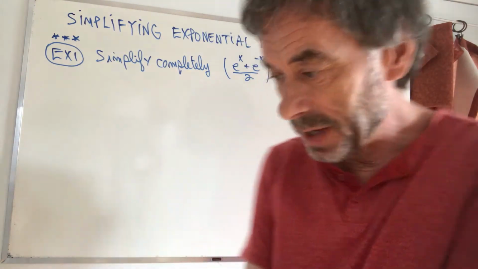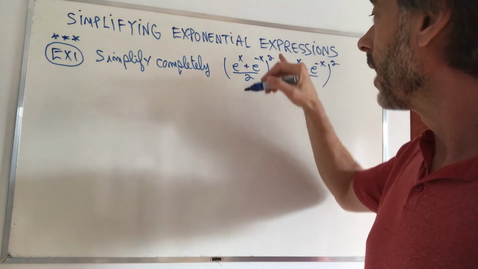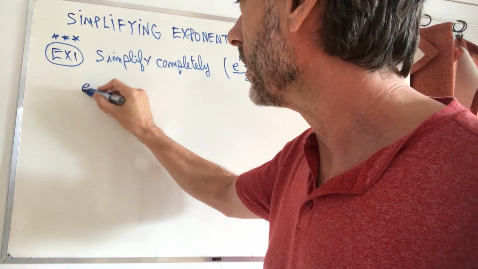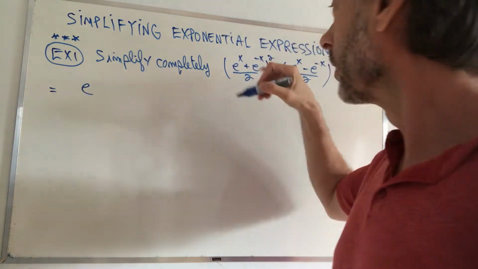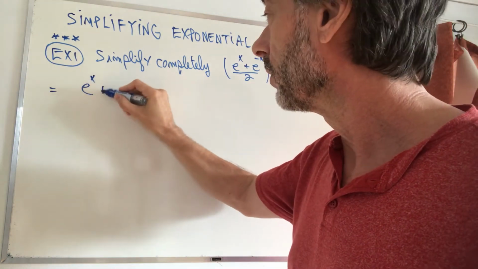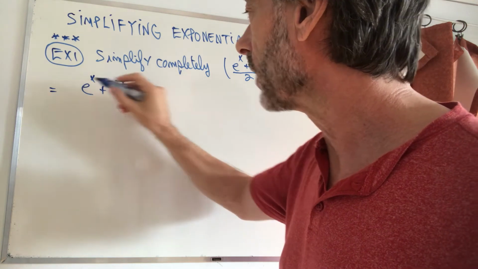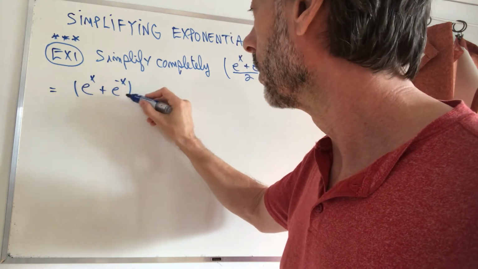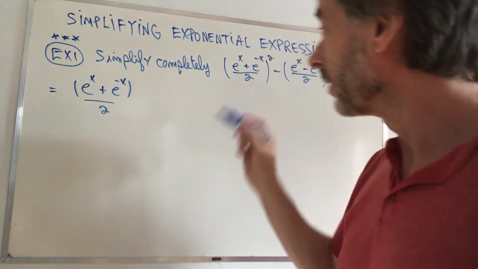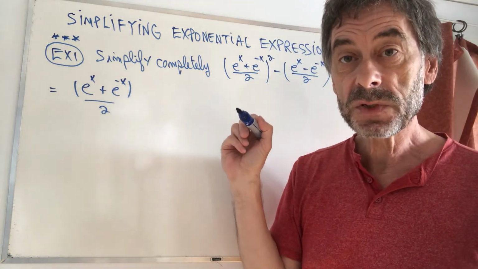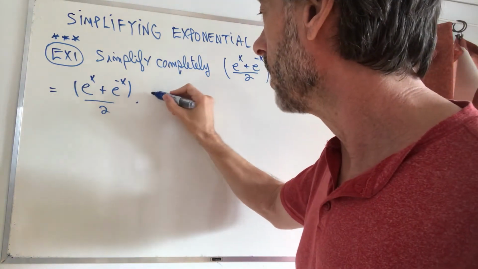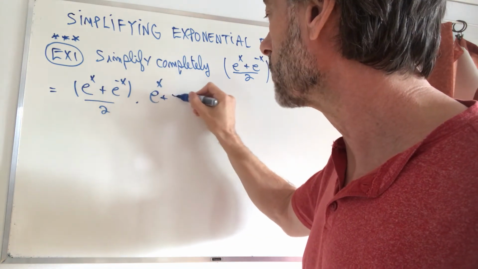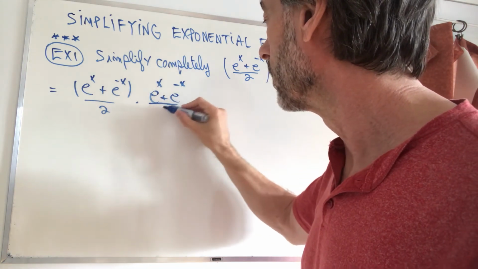How shall we do this? Well, I got a square, so I'm going to say that this is equal to e to the x plus e to the minus x over 2. Square means times itself, times e to the x plus e to the minus x over 2.